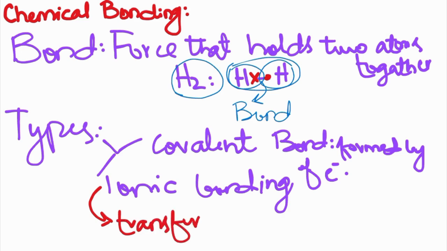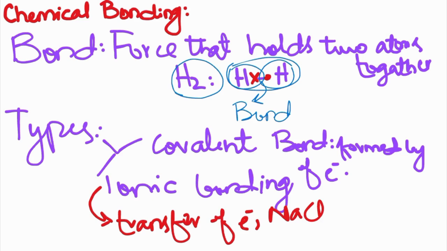Whenever an atom transfers electrons to another atom, a bond is formed between the two atoms. In the case of ionic bonding, we can take the example of sodium chloride, also called table salt, which is one of the best examples of an ionic compound.